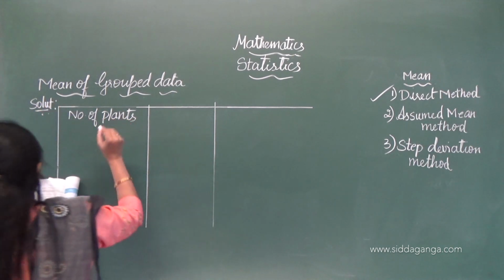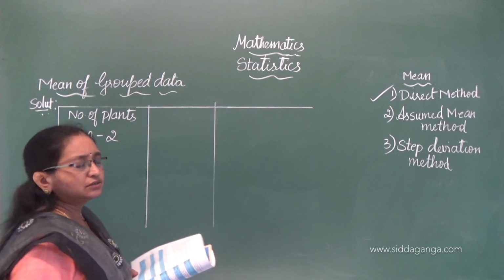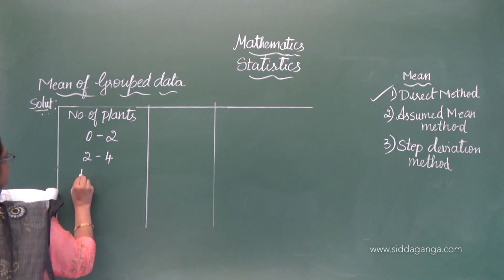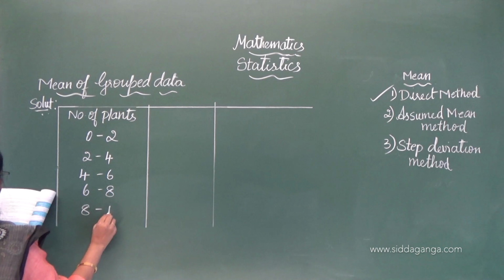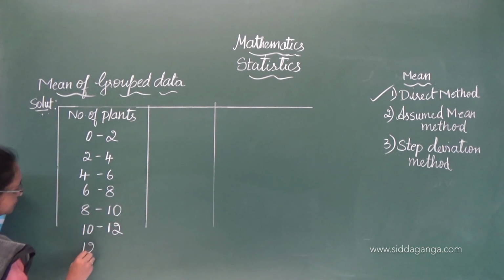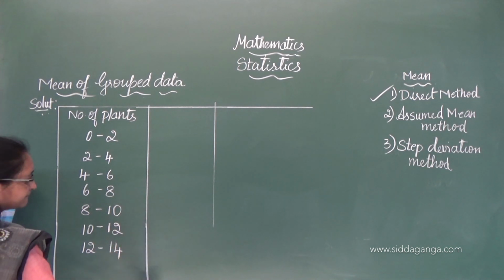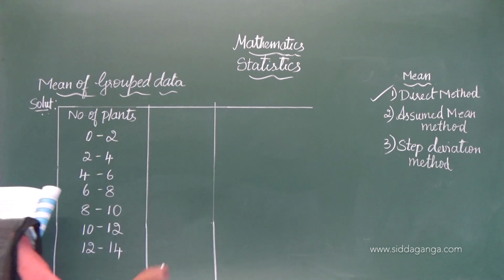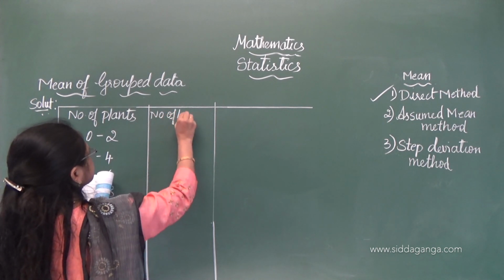For that also you have to write the question here. 0 to 2, you can't directly write the answer, you have to copy this down. 2 to 4, number of plants, this is number of houses.